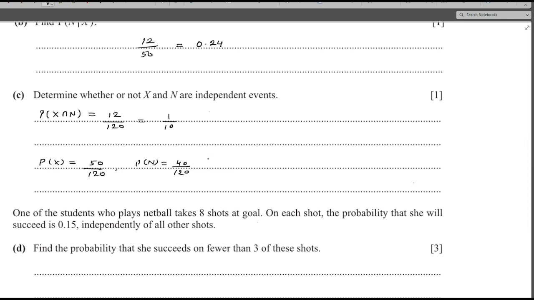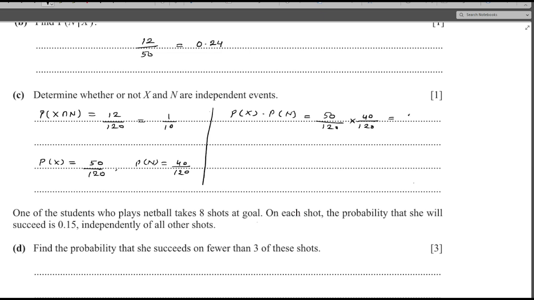Now if I check the probability of X times the probability of N, it is 50 divided by 120 times 40 divided by 120. In fraction, this is equal to 5 divided by 36.